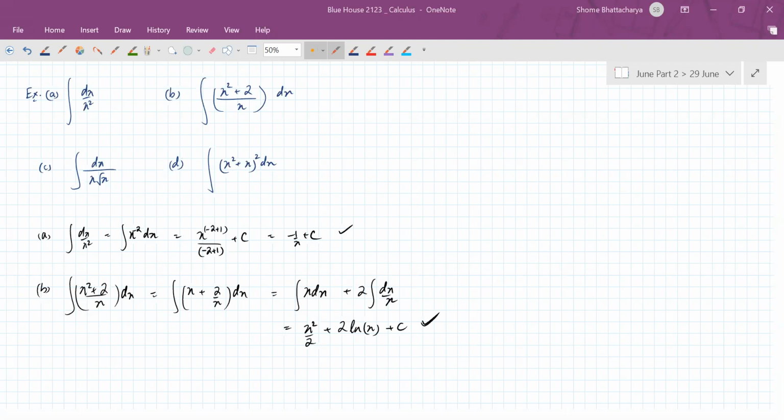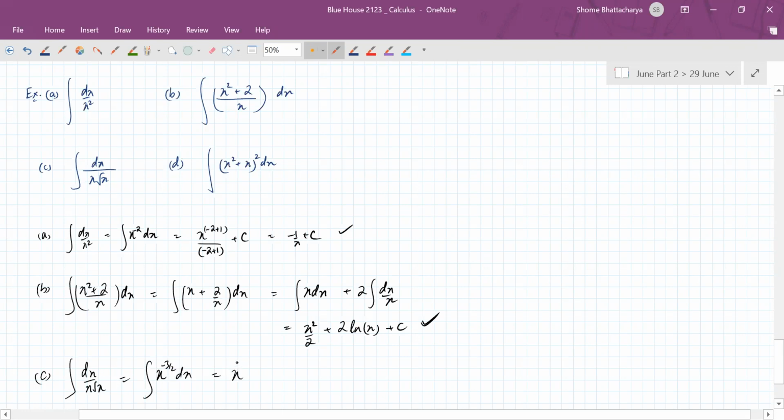Okay, now likewise, the third one, the first step would be to express this as a single power of x, bringing x to the numerator, and then apply the formula. Very good. So most of you got all these correct.